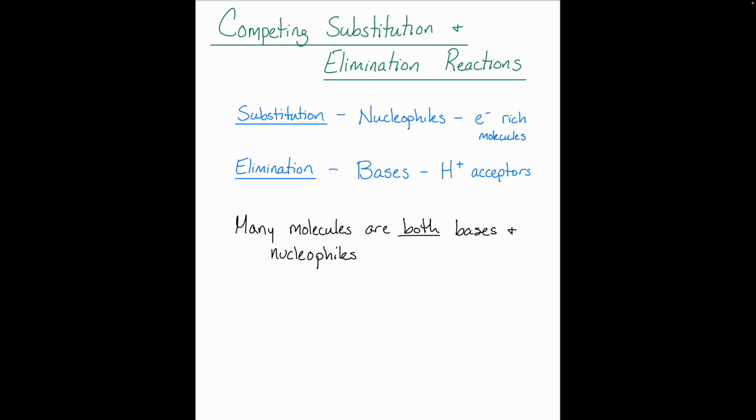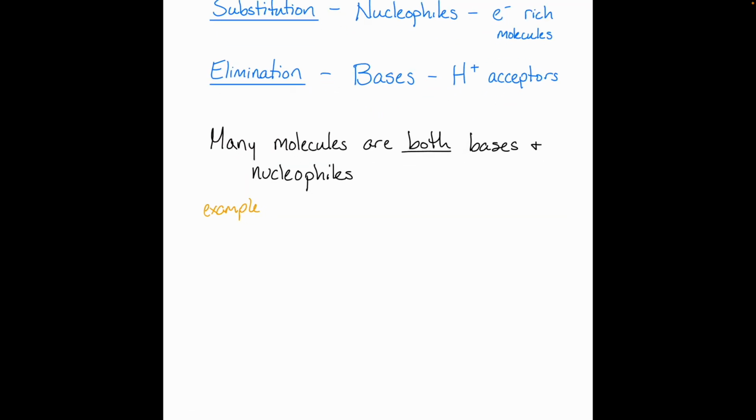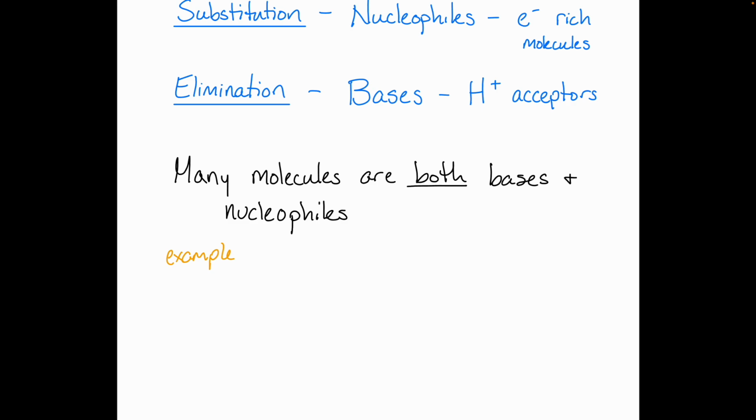All right, so a good example is the hydroxide ion. We can see just from our structure here that that oxygen is indeed very electron rich. It's got those 3 lone pairs and that net negative charge.